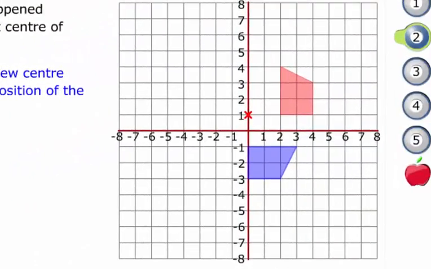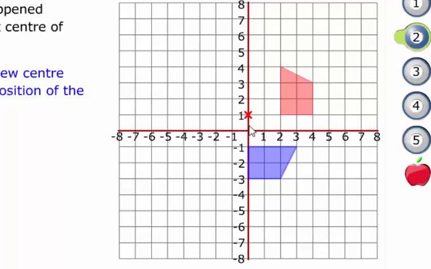Now what would happen if we used a different point as our center of rotation? What we could do is experiment with this particular setup, and we can move the red cross, where the center of rotation is, around the grid to see where the object would finish up if we were to rotate it 90 degrees clockwise but around a different center of rotation.